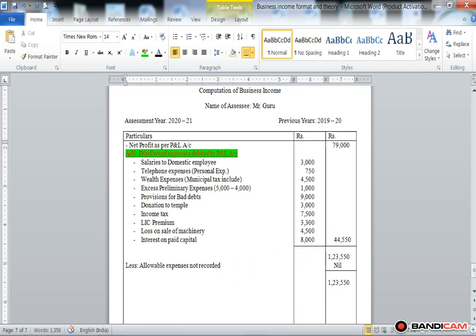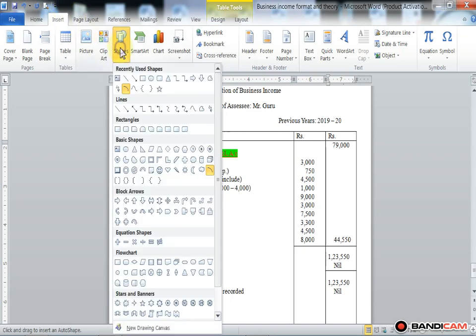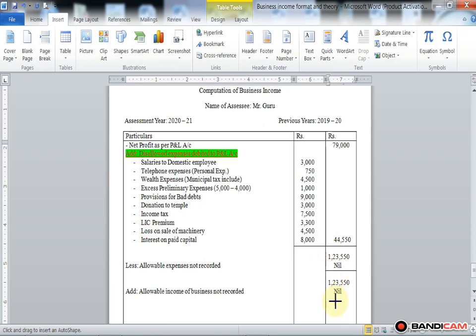Then we add allowable income of business not recorded. So business income is also not given in additional information, so nil. Make a total, so total is same, that is 1,23,550.